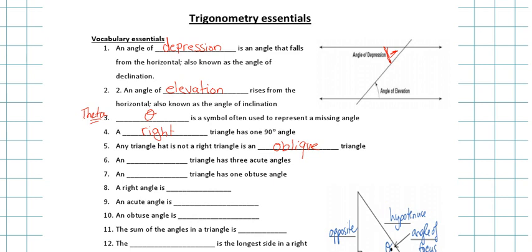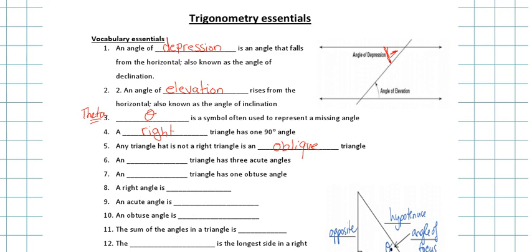If the triangle has three acute angles, then we call it an acute triangle. Okay, do you guys remember what the word acute means? Acute means less than 90.